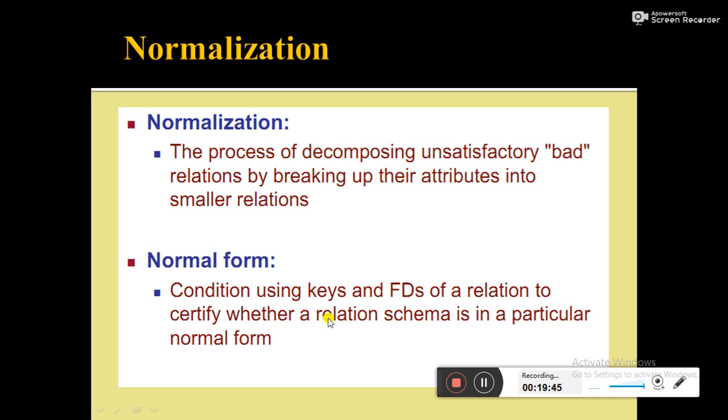All this will be covered in my next lecture. Each normal form has its own criteria. Based on that criteria, we can check whether a particular relation or table belongs to that normal form or not. We'll check all these things from my next lecture onwards.